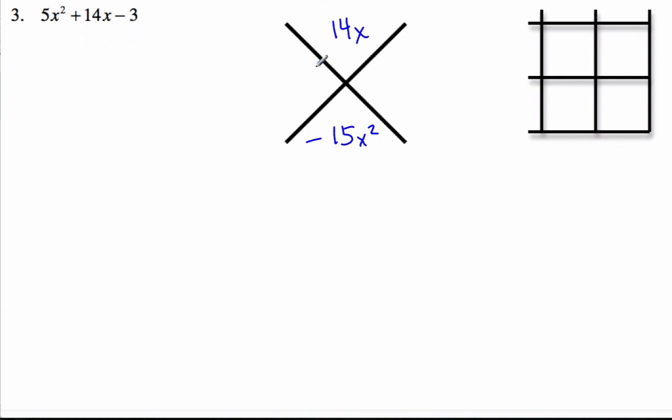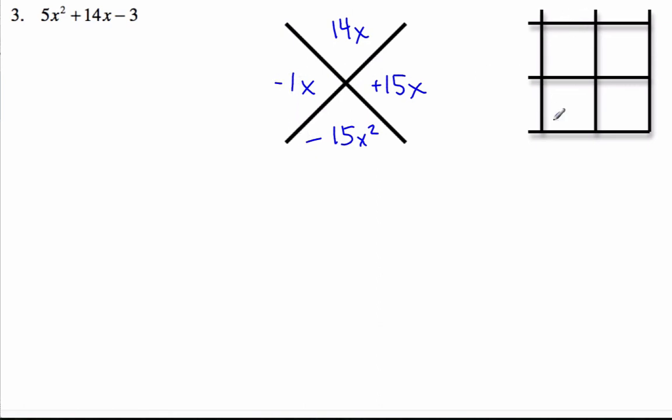Now I ask myself the magic question. I love the magic question. What two numbers multiply to get negative 15 and add to get 14? Well, if that's the case, I know 15 and 1x. And if I want it to be positive 14, this has to be positive and this has to be negative.